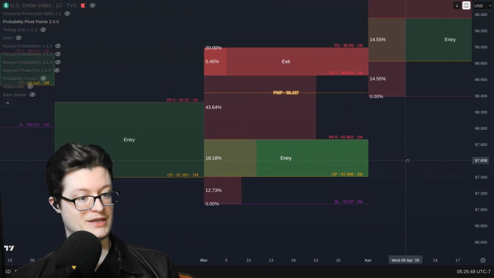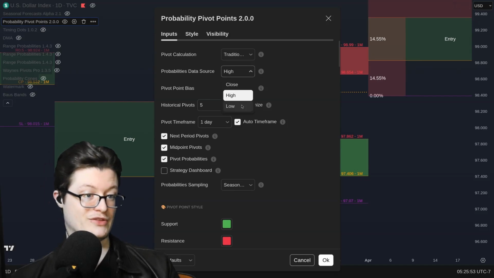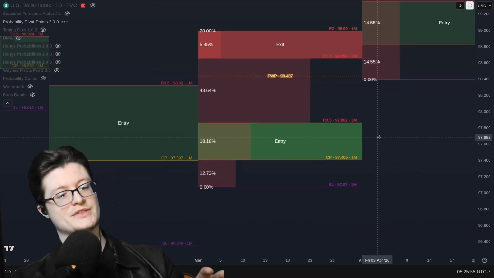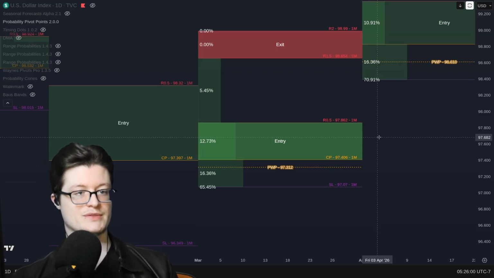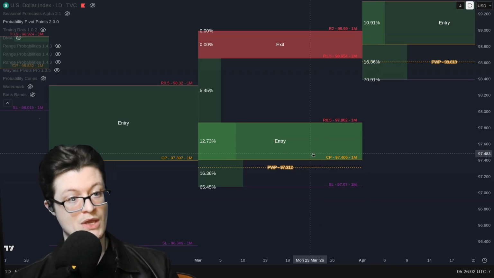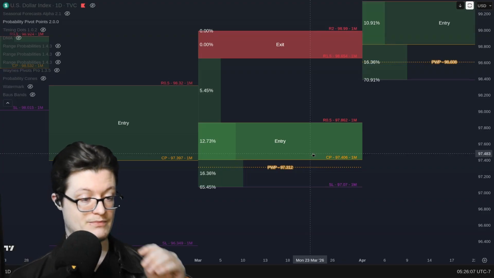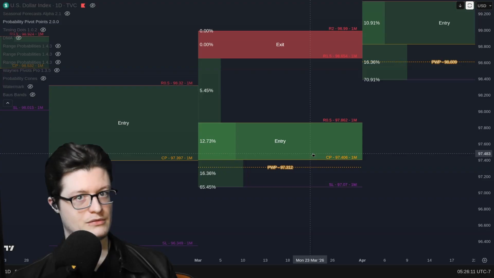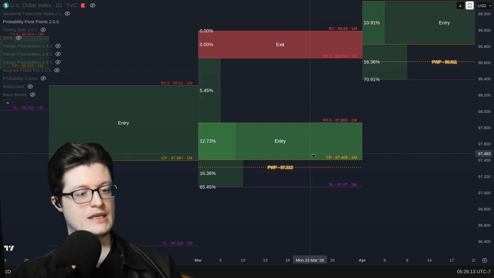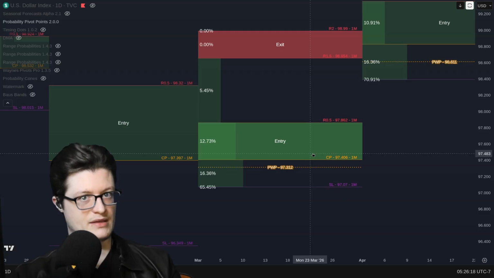So looking at these odds, it's saying, hey, about, well, first we have to look at the low odds here, because I like to start with what are the odds of hitting the entry and what are the odds of hitting the stop loss for this particular bias. Right off the bat, using seasonal historical data, right? So if you're setting your expectation based off a geopolitical issue, then seasonal data is not going to be the right way to interpret things.